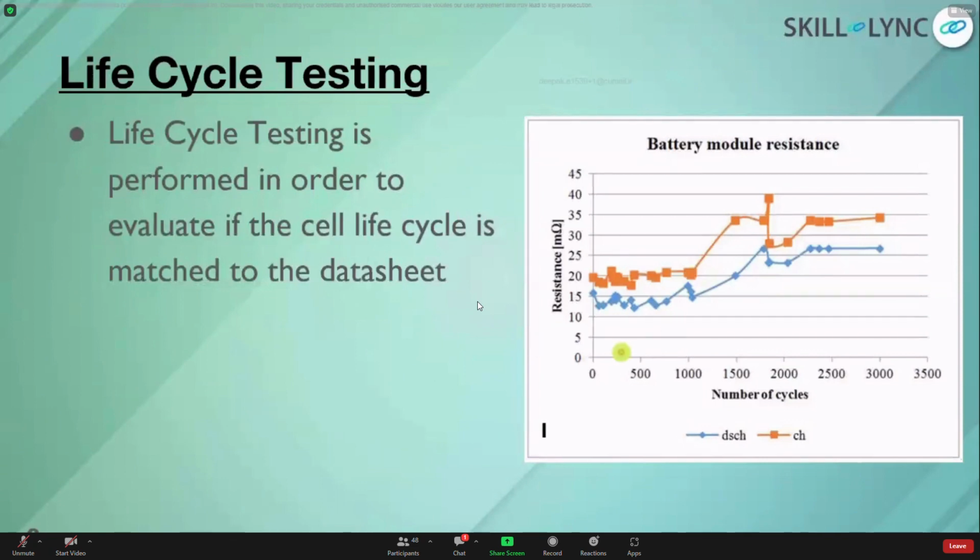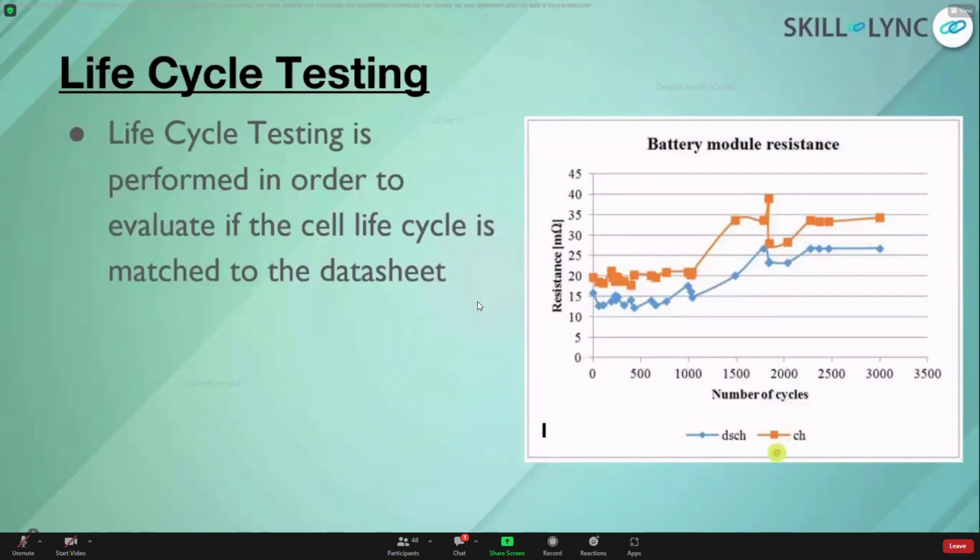As you can see from this graph, the x-axis is the number of cycles, going up to 3,500 cycles, and the y-axis is internal resistance in milliohms, up to 45 milliohms. The blue line is the discharge of the cell, and the orange line is the charge of the cell.